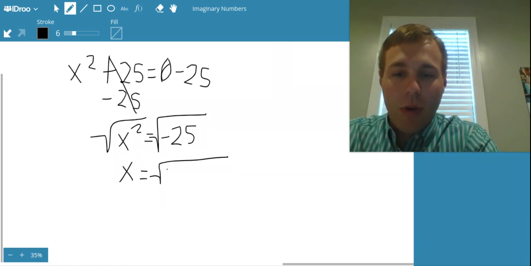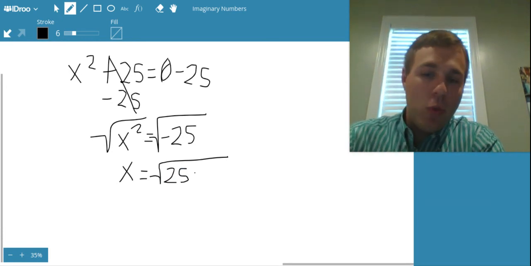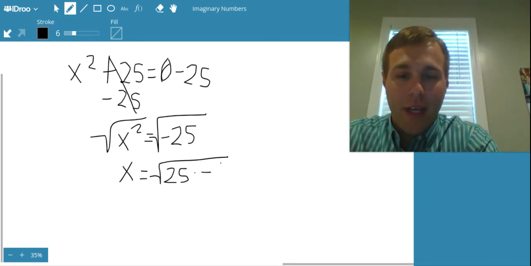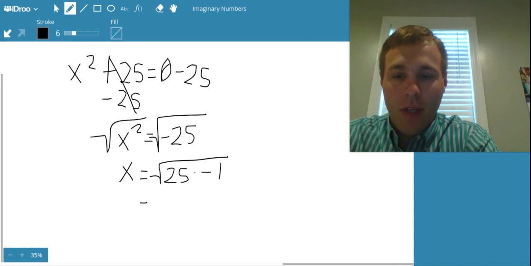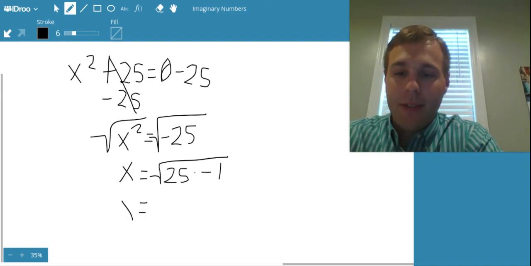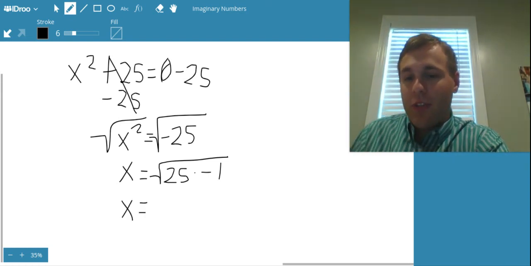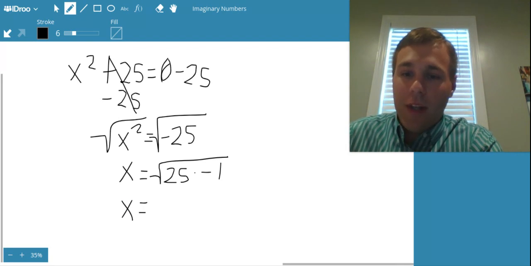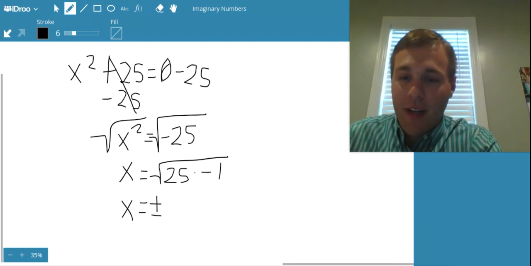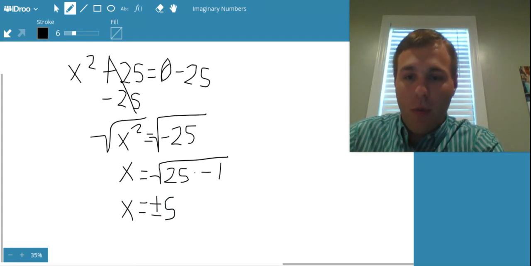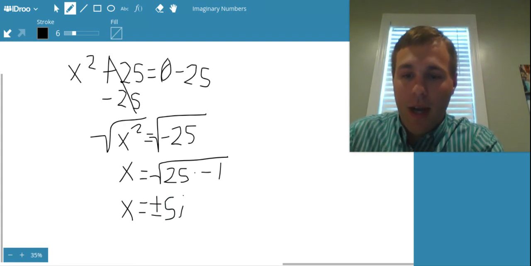So let's break this down into two things like we did previously. We do 25 times -1, and then we need to get x equals, what is the square root of 25? Well, remember, positive and negative 5. And then what is the square root of -1? Then you would be left with i.